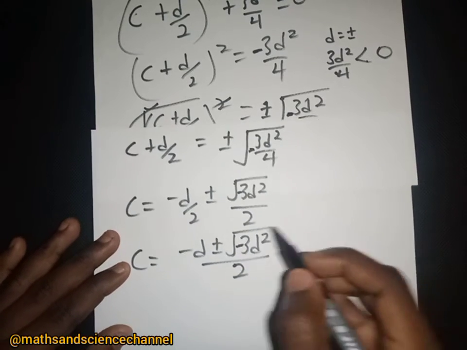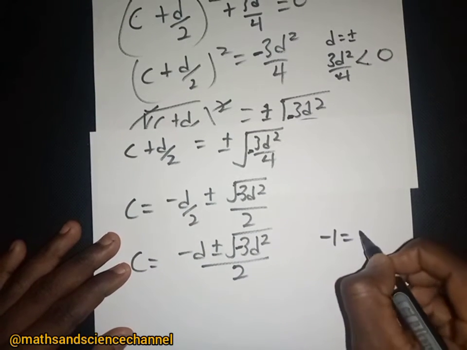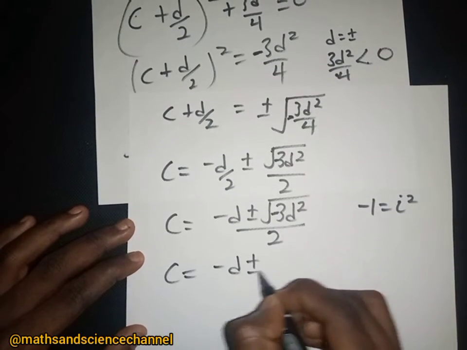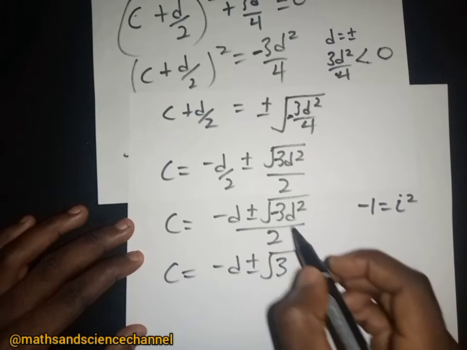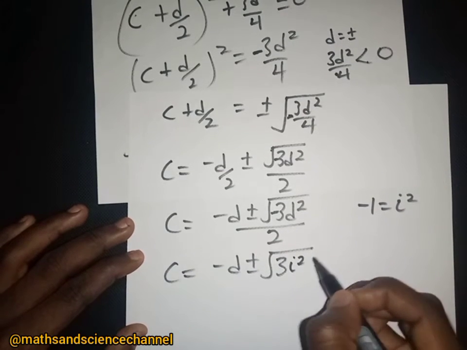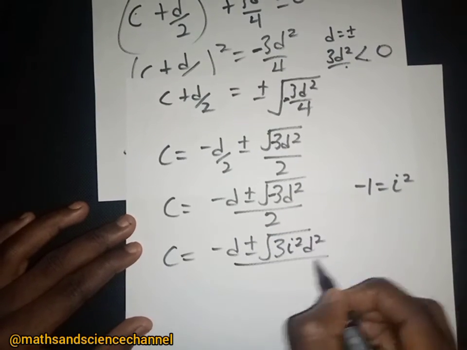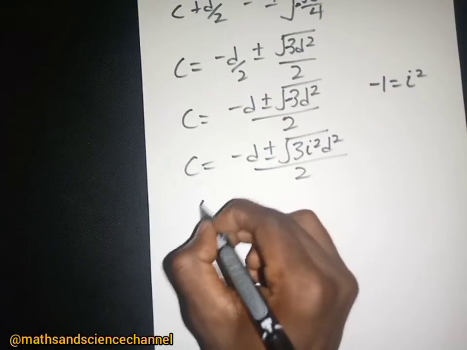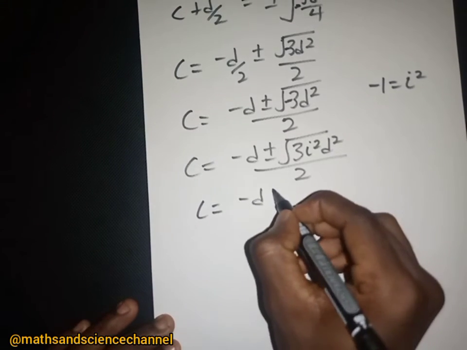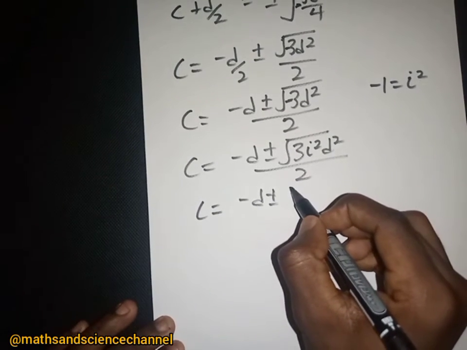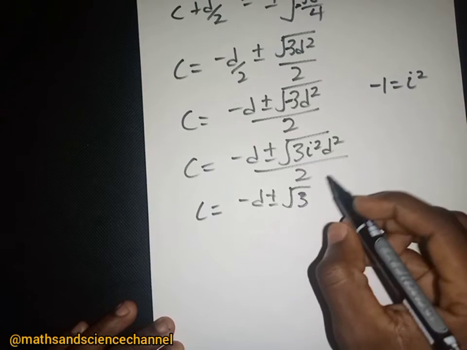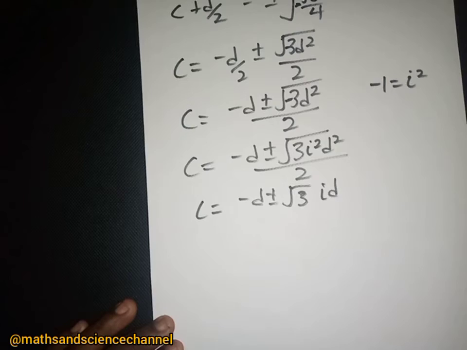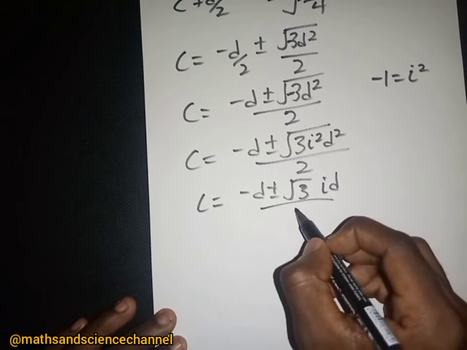What is negative 1? Negative 1 is just i squared, right? So we can write 3, now the negative becomes i squared, and we have d squared being divided by 2. So we have c being equal to negative d plus or minus, we have square root of 3 here, and we are left with just i and therefore d outside being divided by 2.